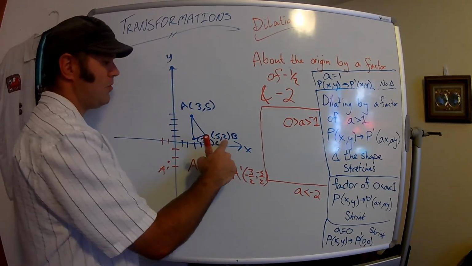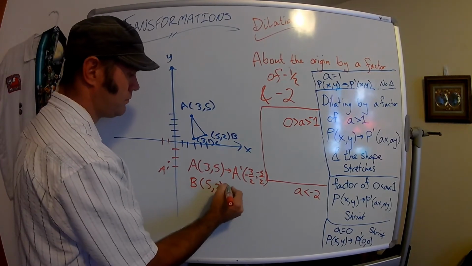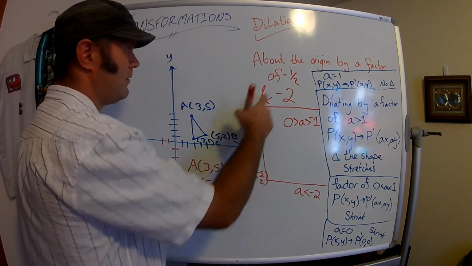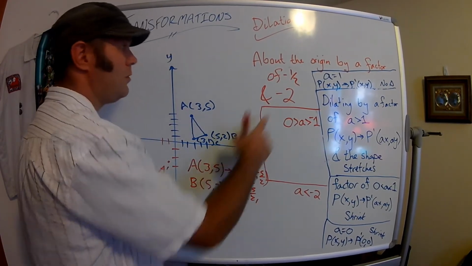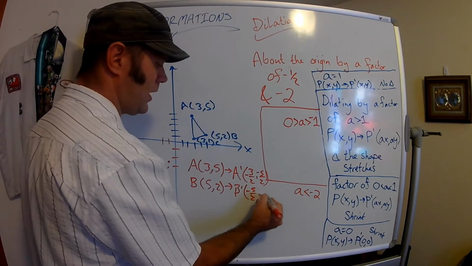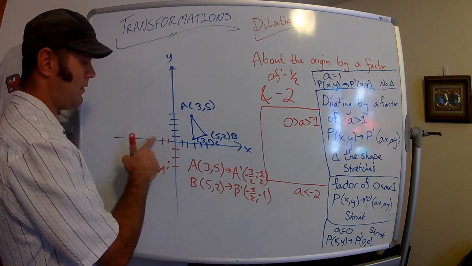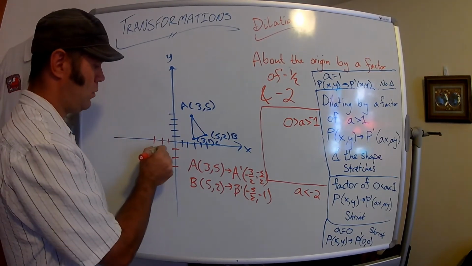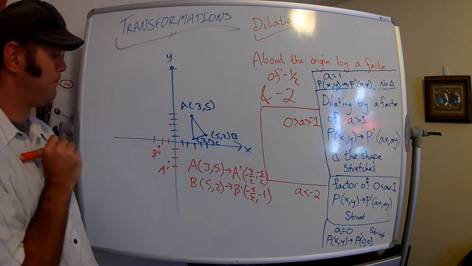Then we've got B, which is (5, 2), and it becomes B prime. 5 times -1/2 is -5/2, and 2 times -1/2 is just -1. So that's a nice number. So for B prime, we're going left 5/2 and then down 1. So there's B prime.